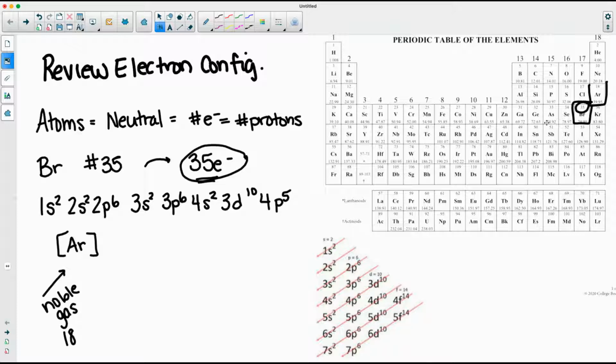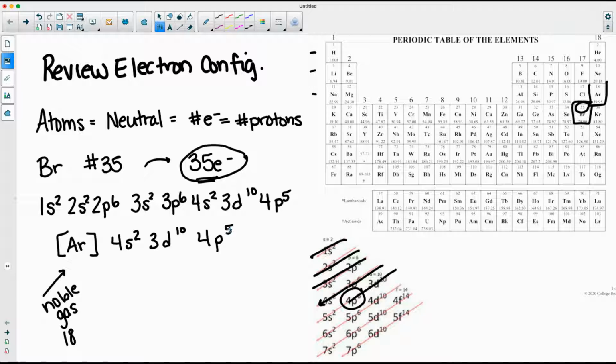Argon is period 1, 2, 3, so it gets us to 3p6. I need 17 more electrons, which gets me to 4s2, 3d10, 4p5.